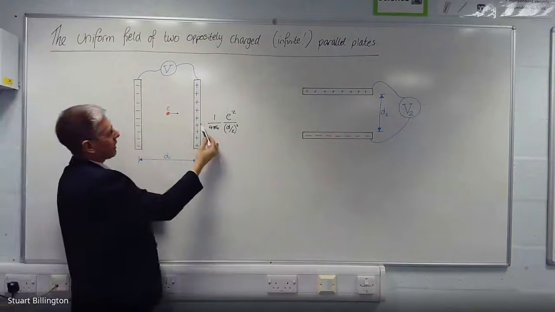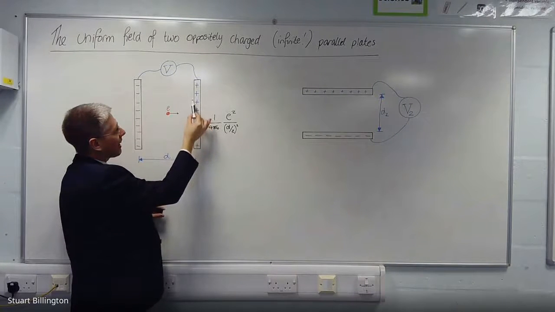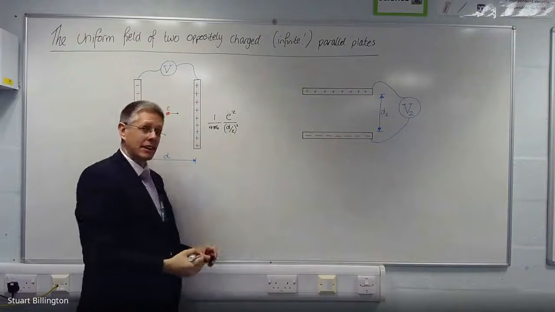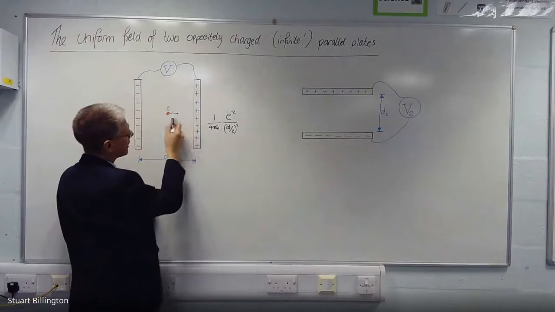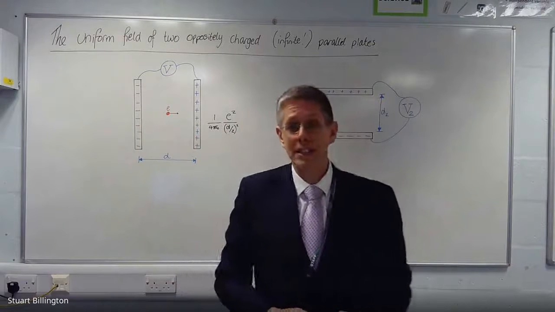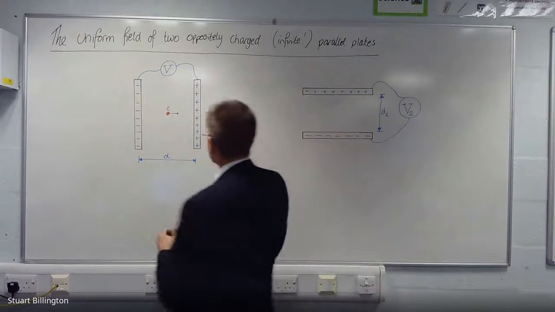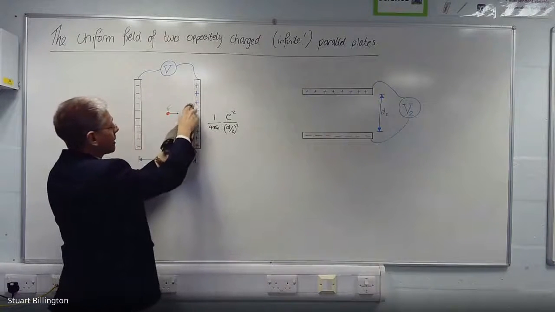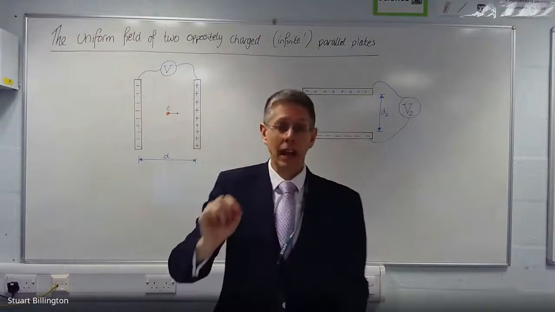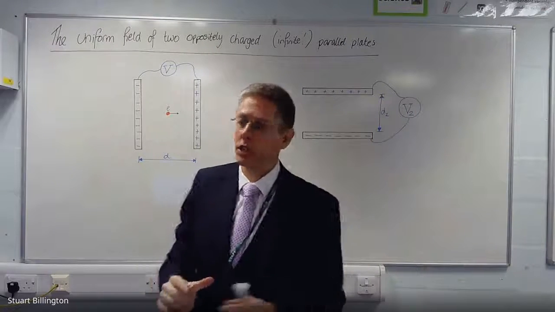We would then have to ask ourselves about the proton that's there, and there, and there, and there. And for each one of these things, we then have to modify the d ever so slightly because it's a diagonal rather than a straight line. And to do that sum 10 to the 20 times is just not doable. So what physicists often do when dealing with a vast number of particles is to not consider each particle as a separate entity, but to smear it out as a distribution of charge.